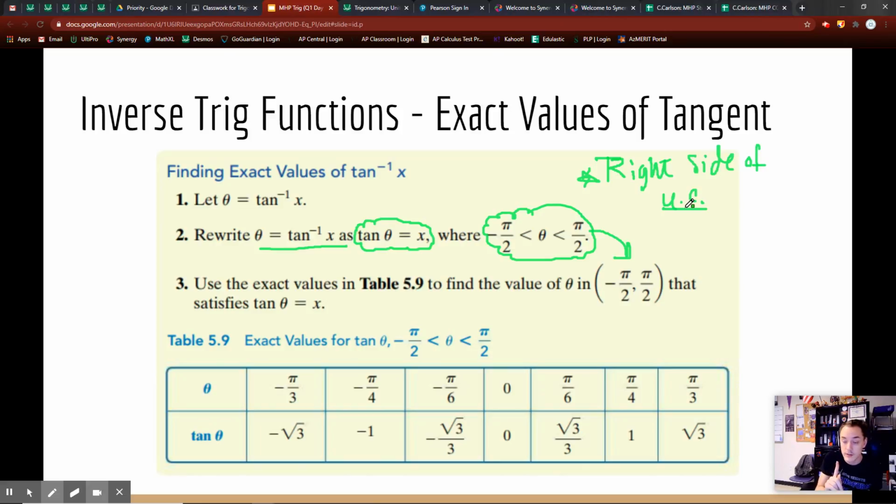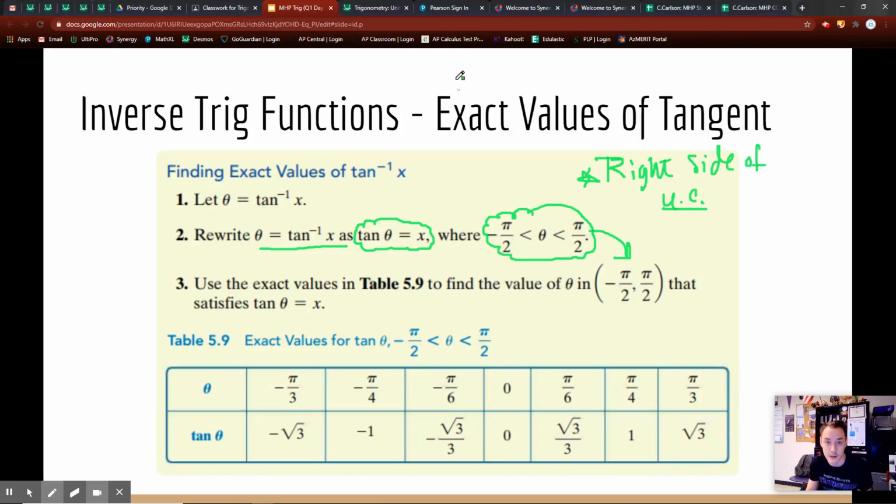However, watch. It's not equal to here. Sine was equal to there, but it's not equal to here. So it's not going to include negative pi over 2 or pi over 2, whereas sine did. So we still have the negative angles that we have to deal with, but we can deal with them just fine.